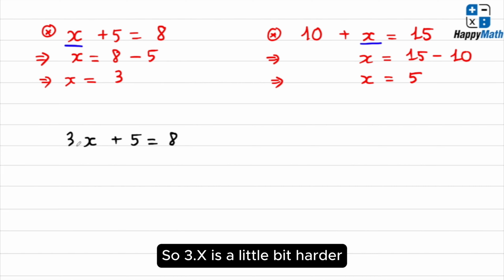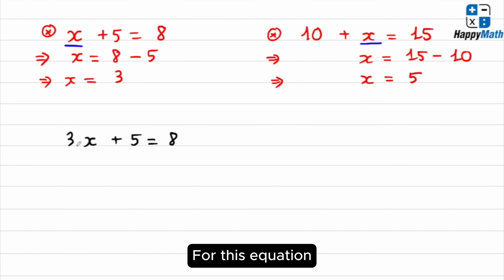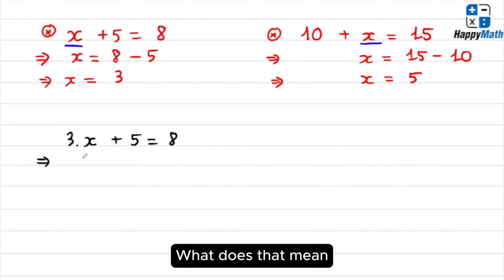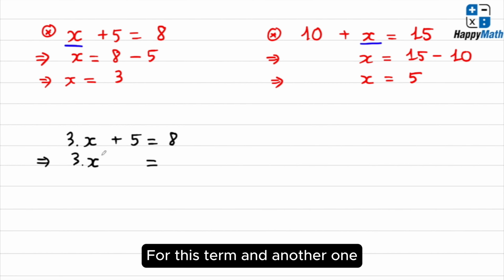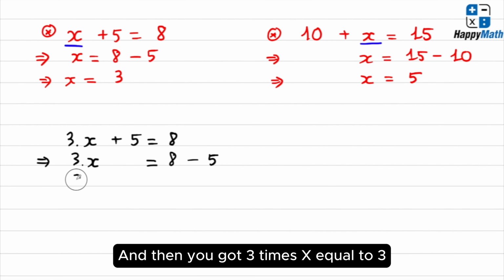So 3 times x is a little bit harder, but the first operation you should apply for this equation is unchanged from the first equation. What does that mean? 3 times x I will leave here unchanged, and the other term, you will move plus 5 from the left to the right hand side, and then you got 3x equal to 3.